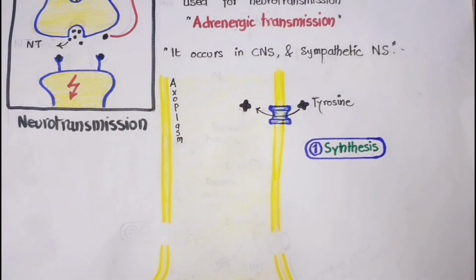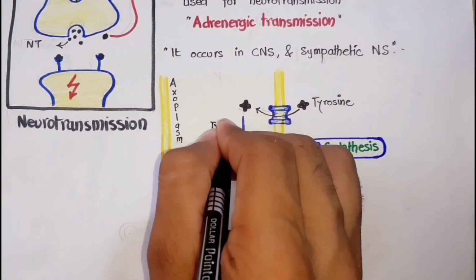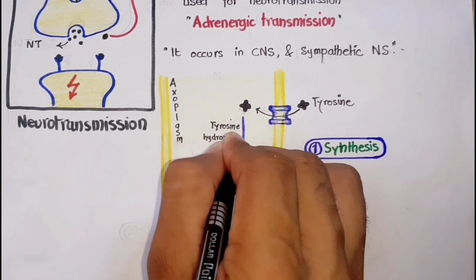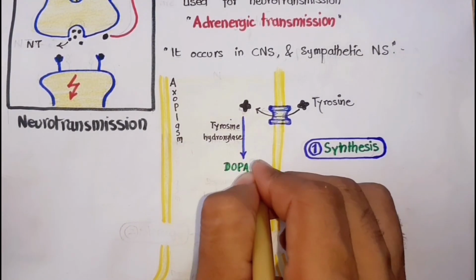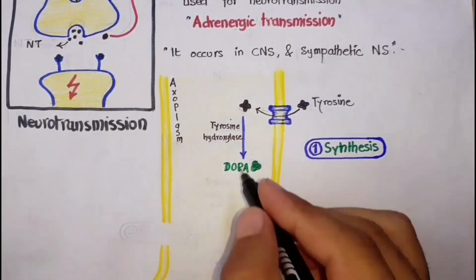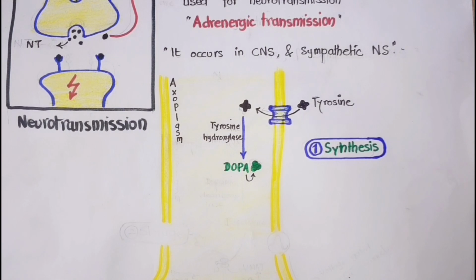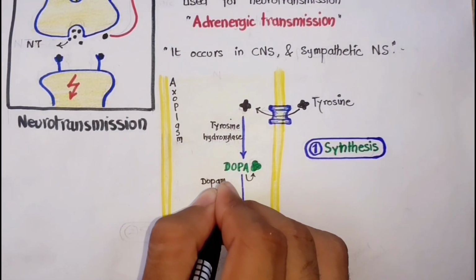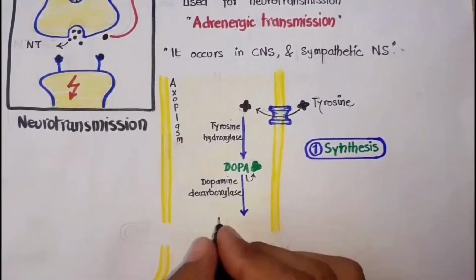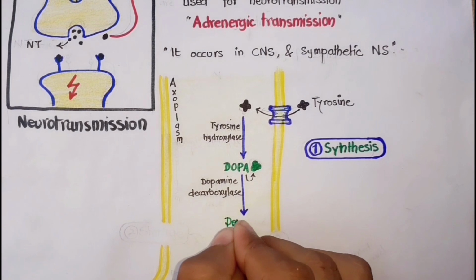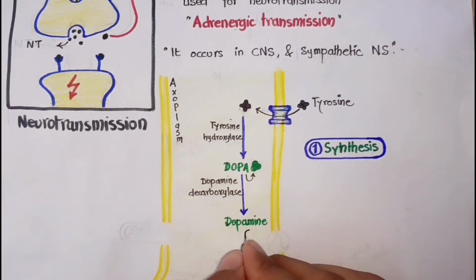Then this tyrosine is hydroxylated by tyrosine hydroxylase to dihydroxyphenylalanine or DOPA. In the following step, the DOPA is decarboxylated by the enzyme DOPA decarboxylase to form dopamine in the axoplasm of the adrenergic neuron.